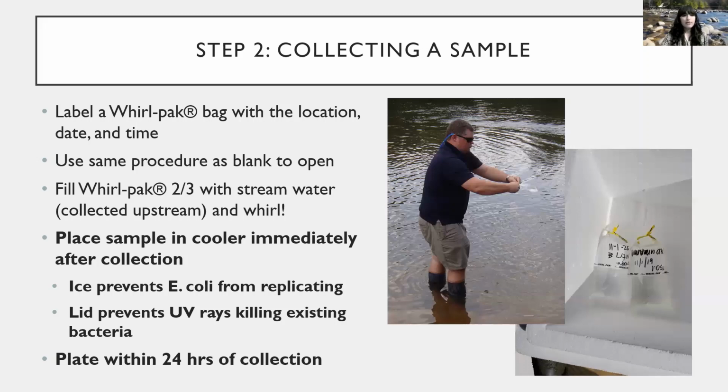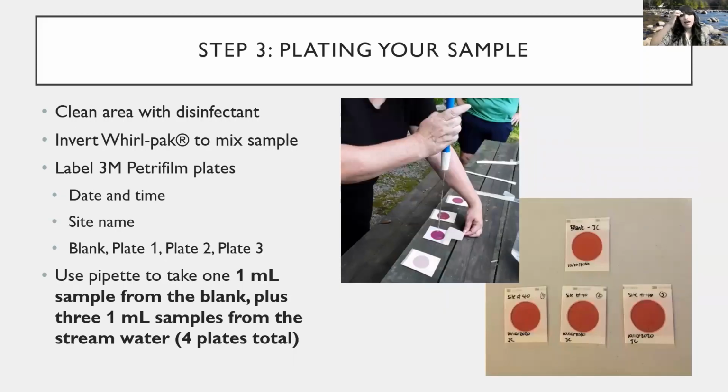On to step 3, actually plating your sample. You want to make sure that you clean your area with disinfectant beforehand. And then you're going to invert the Whirlpack samples a couple of times to mix it up, because settling does occur. And you'll be using 3M Petrifilm plates.